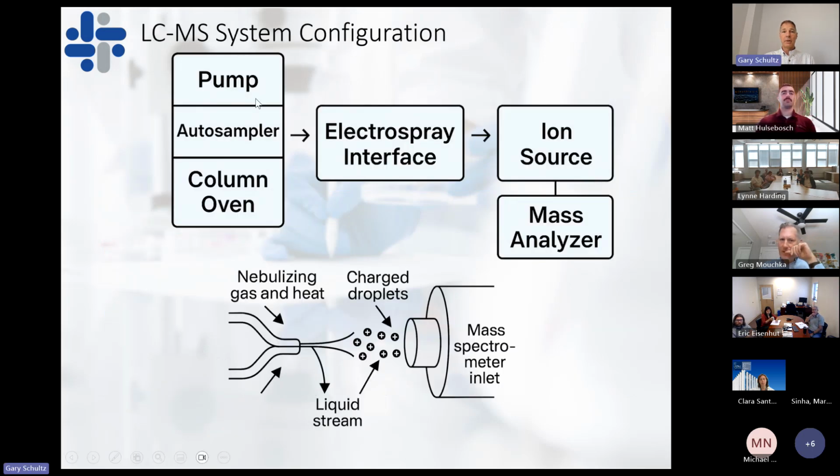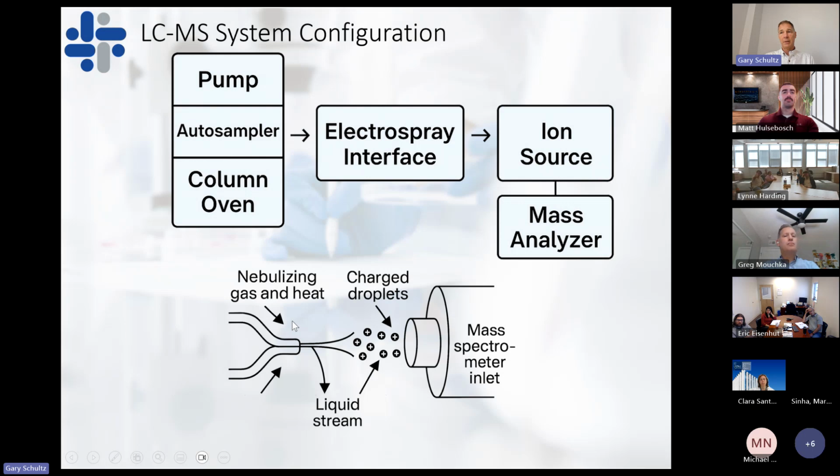Just to look quickly at the system configuration, the LC system is the pump, autosampler and column oven. The electrospray interface is the means of taking a liquid-based sample coming from an LC system and atomizing that sample in front of an ion source, so a mass spectrometer, that allows the ions to pass into the mass analyzer system.